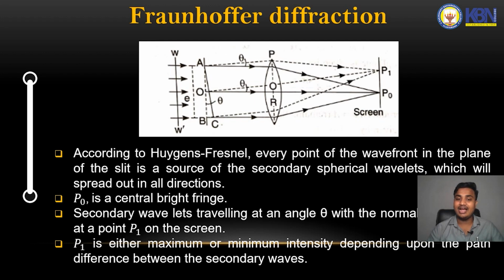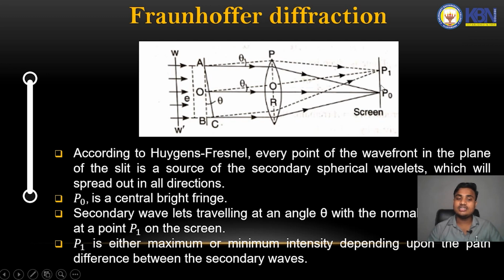According to Huygens and Fresnel, every point of the wavefront in the plane of the slit is a source of secondary spherical wavelets which will spread out in all directions. By using a convex lens, we can make the divergent beams fall on the screen at P0.